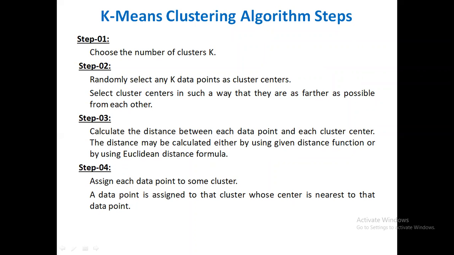In step 3, we calculate the distance between each data point and each cluster center which we have chosen. The distance may be calculated either by using a given distance function or by using the Euclidean distance formula. In step 4, we assign each data point to some cluster.